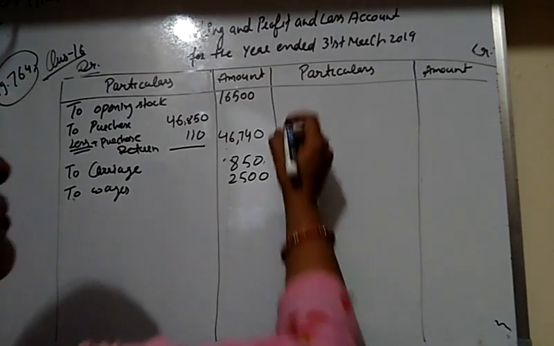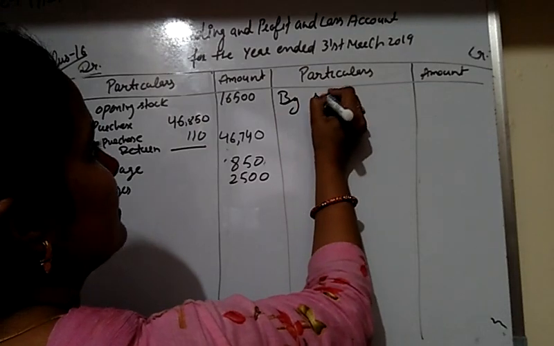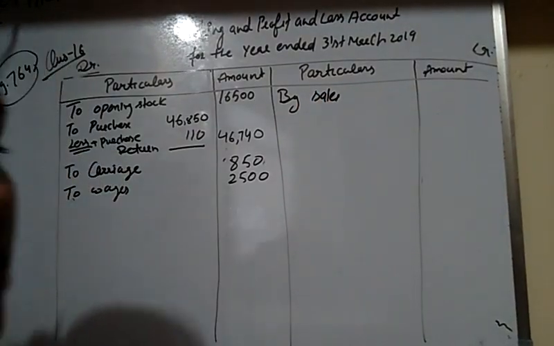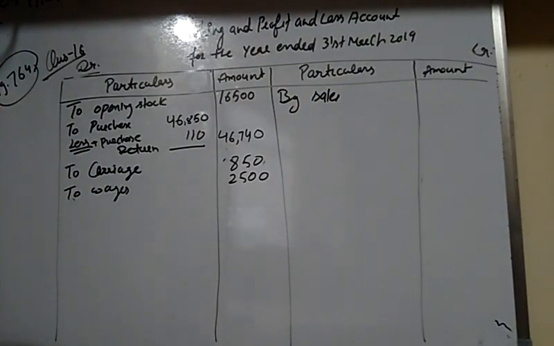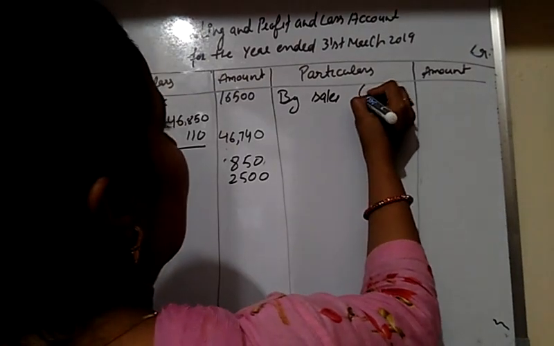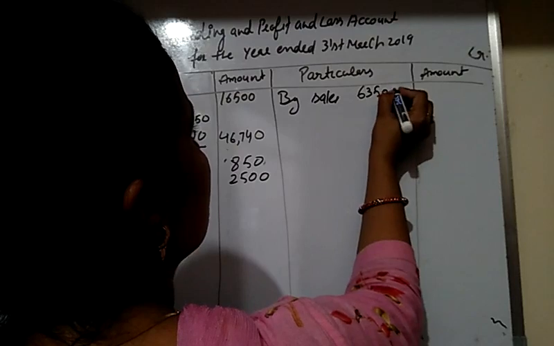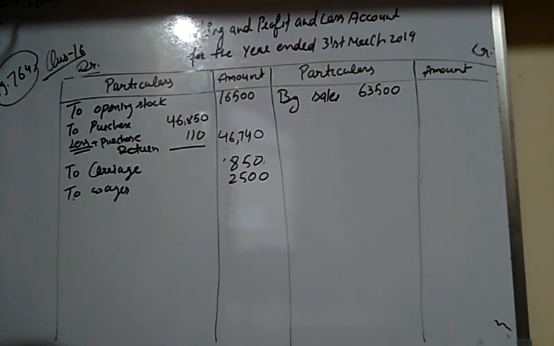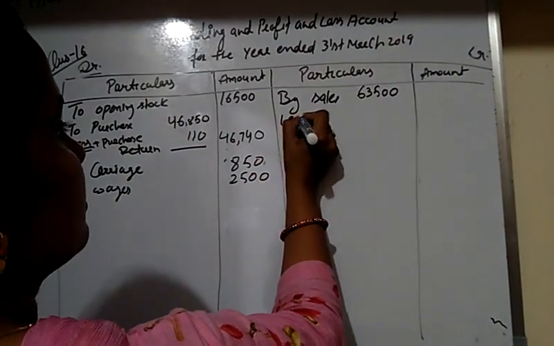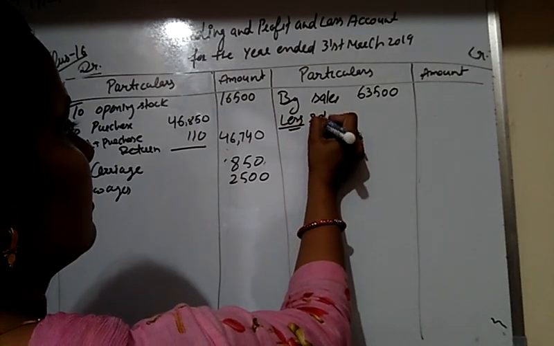On the credit side, first we write sales. By sales, we have to record the net sales. In the question, sales return is also given. So we write the sales in the inner column, 63,500, and we deduct from this the sales return.